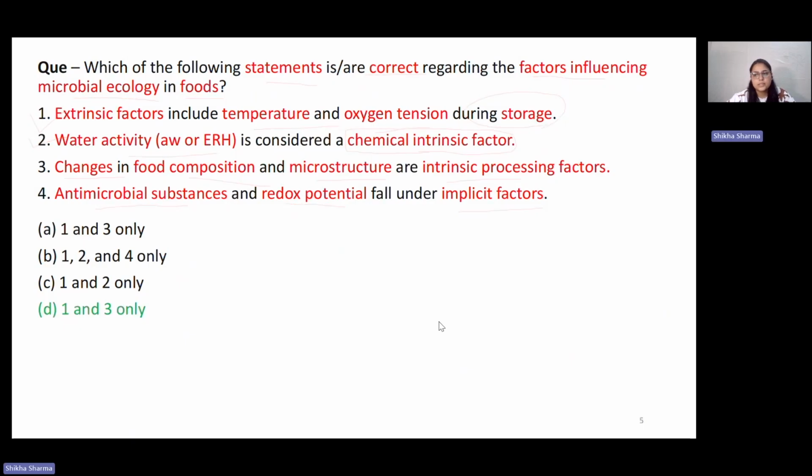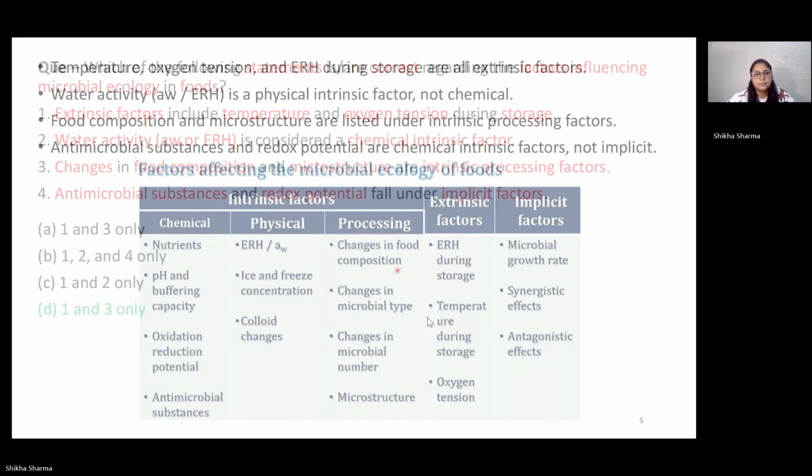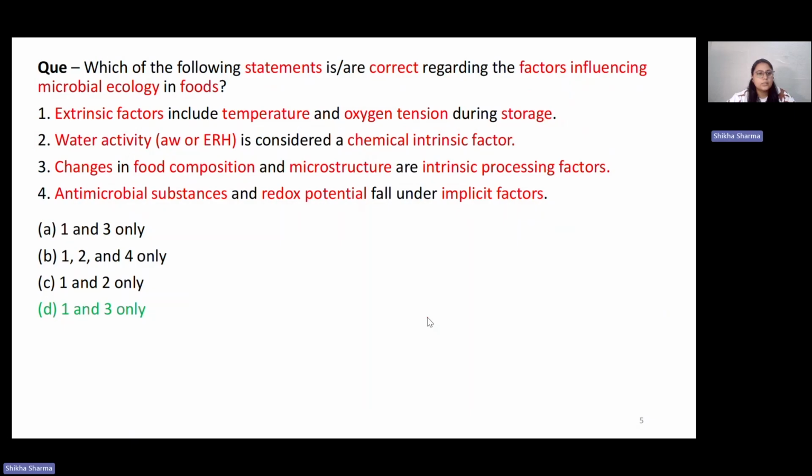Okay, let's discuss the solution part. The solution is saying that options 1 and 3 are the only correct ones. That means the extrinsic factors include the temperature and the oxygen tension during storage, and third, changes in food composition and microstructure are intrinsic food processing factors. So these are correct.